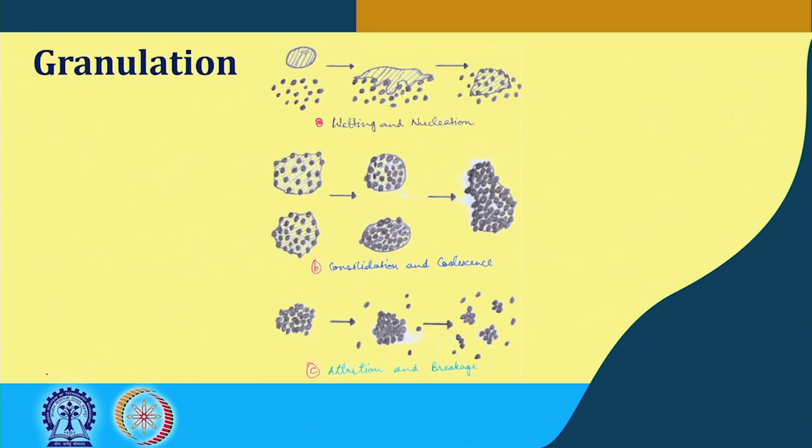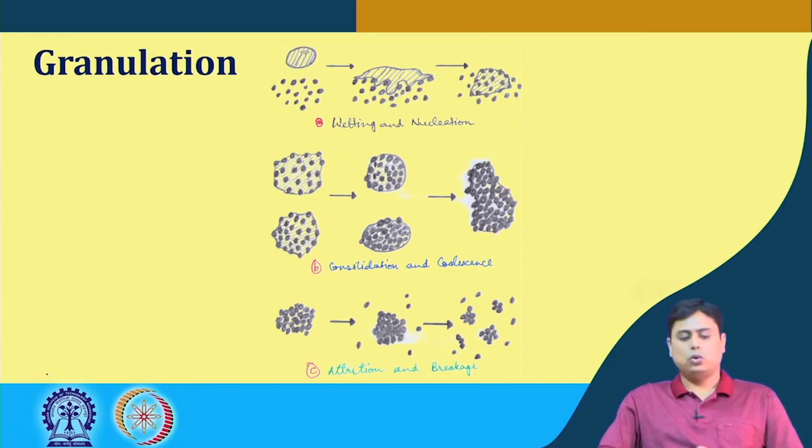Now just to give an overview of what we have covered here, the schematic shows the 3 rate processes that we discussed in the last class, and we are now focusing on the details of each and every step. So the first step was the wetting and nucleation.